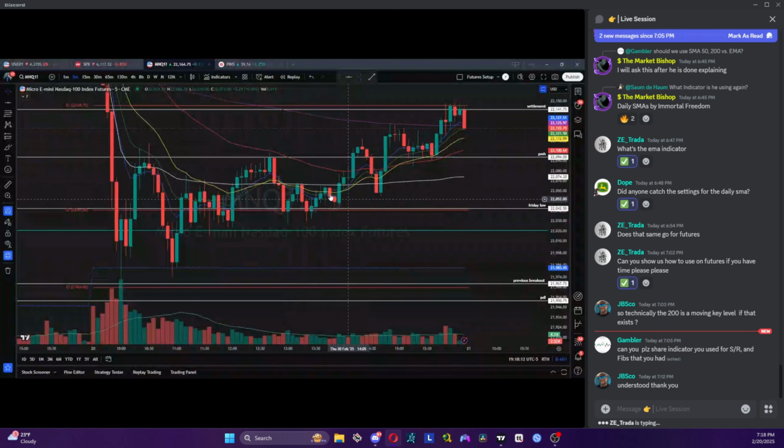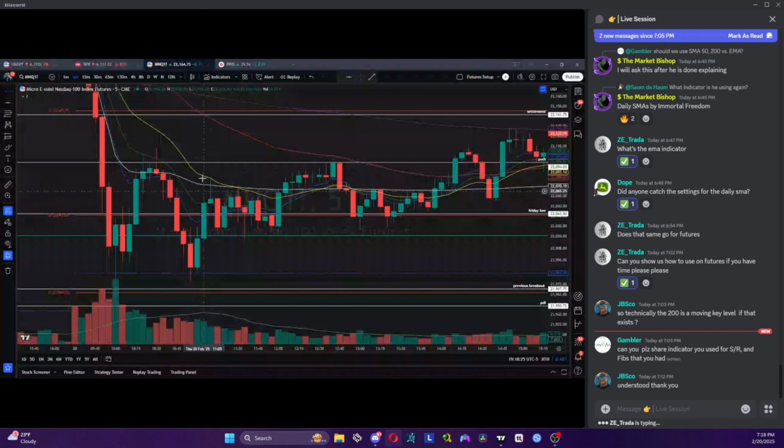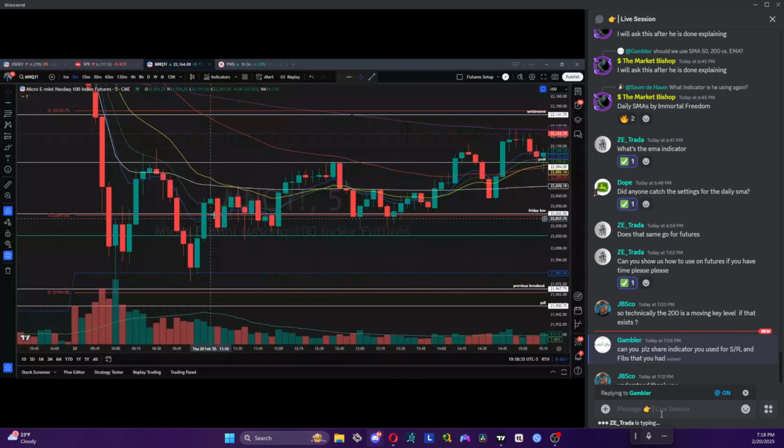Think of VWAP as the middle of the range between all your EMAs. But again, if I'm in a trade, I'll be targeting certain EMAs for trims. And obviously if I'm in this bounce and it goes to VWAP and you're in 3 NASDAQ contracts, Adrian, you're going from 982 all the way to, that's a 100-point move.